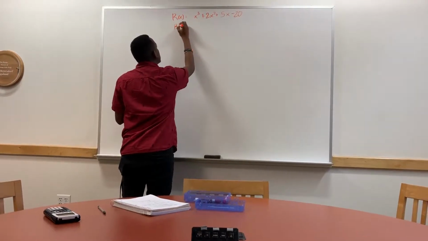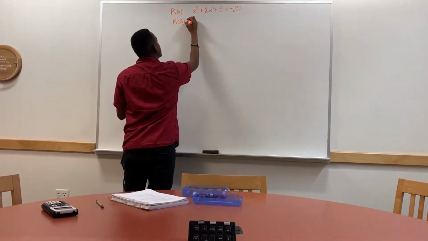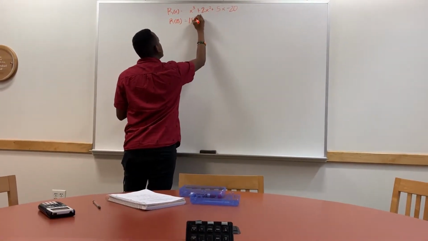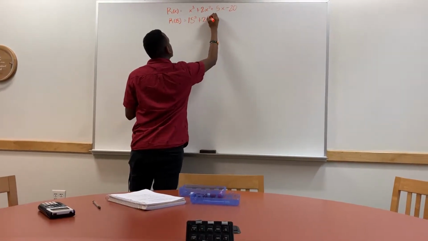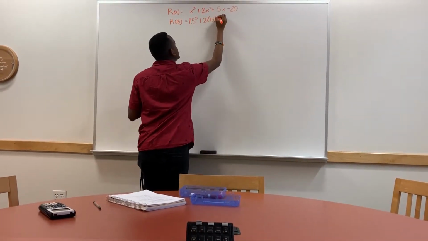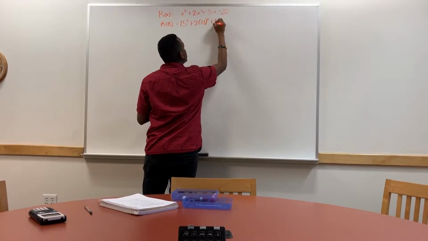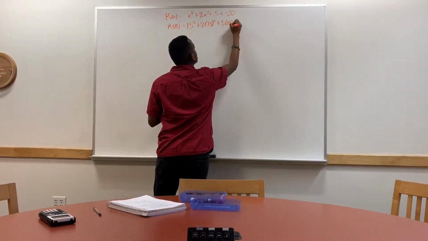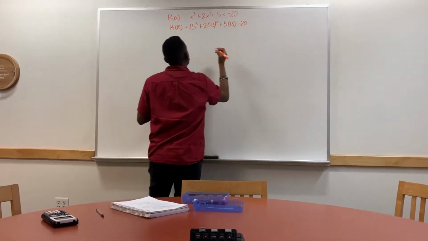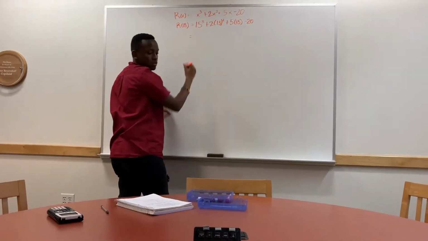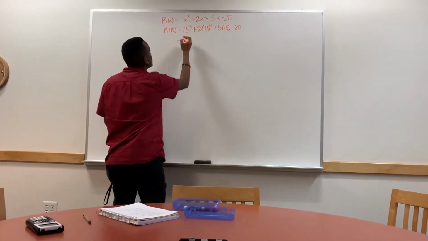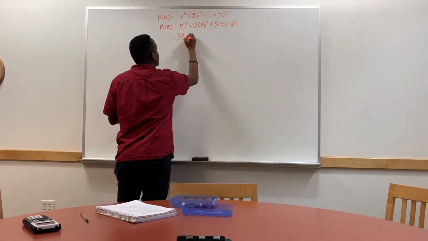So r of 15 equals 15 cubed plus 2 times 15 squared plus 5 times 15 minus 20. 15 cubed is 3,375.